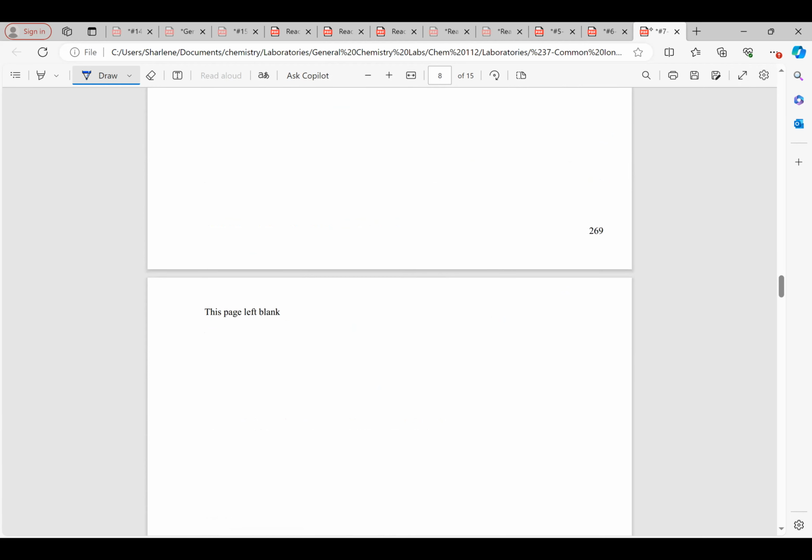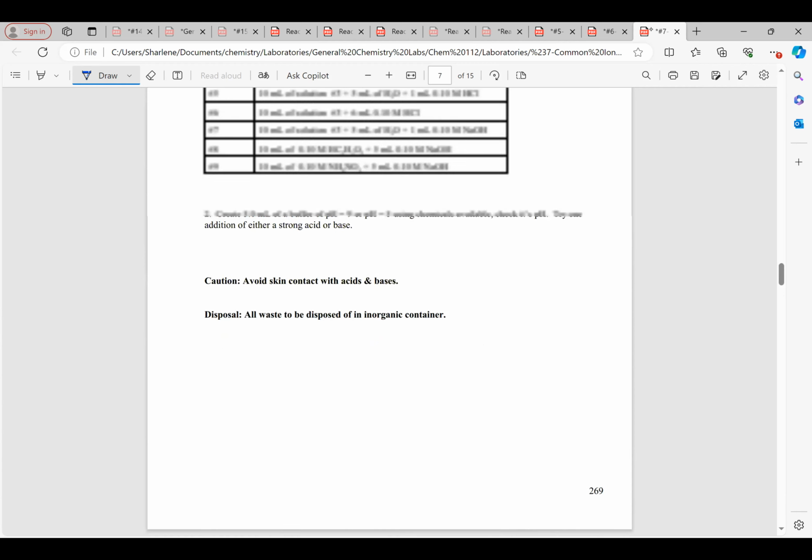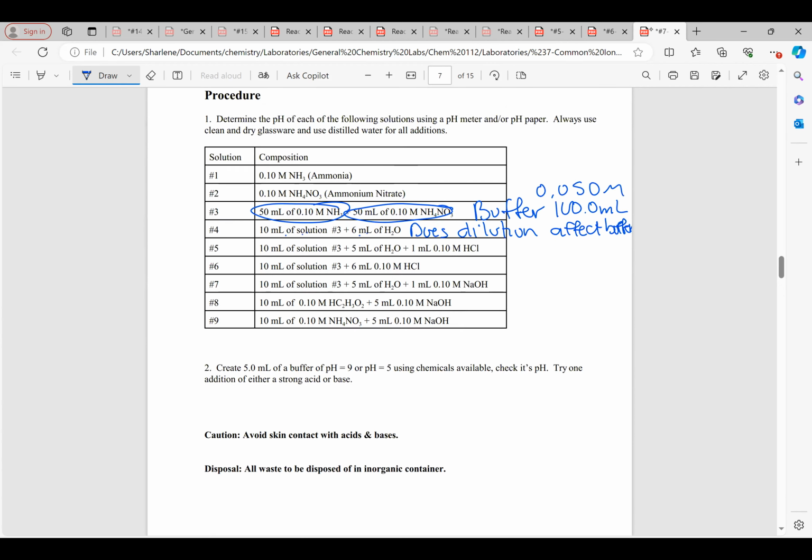So 10 milliliters. We're just going to do it right here. I took 10 milliliters of our buffer of 0.05 molar, and I added 6 mils of water.